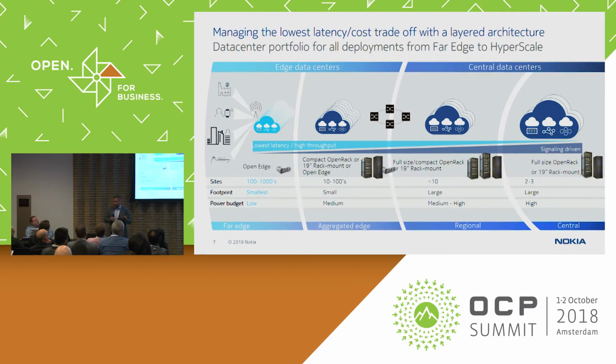It might be just a few servers here and there. But when you count the number of sites times the number of servers in those environments, you can understand that actually going forward, there will be as much compute here as there is in the big central data centers in the network.